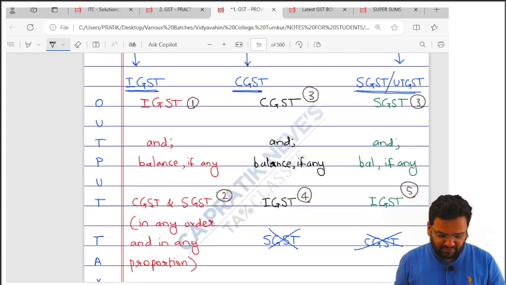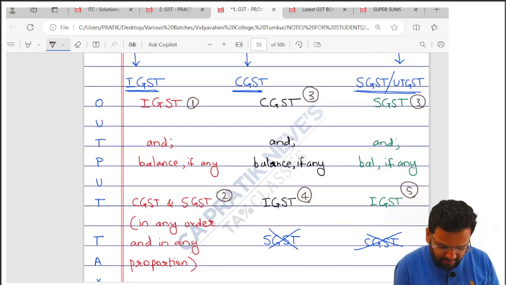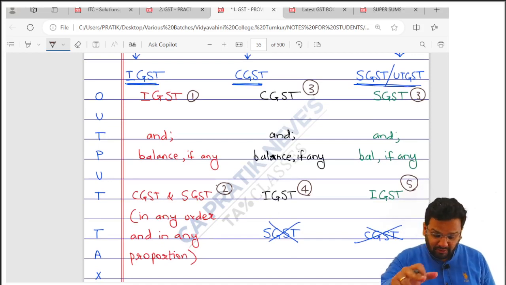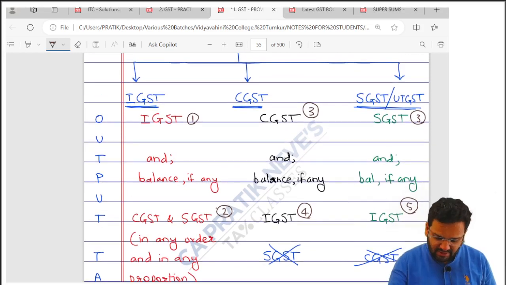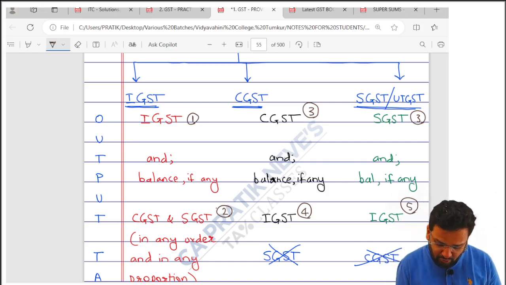Follow these numbers. First, you will use ITC of IGST to pay output tax of IGST. Balance if any to pay CGST, SGST in any order and proportion. Then you will touch ITC of CGST and use it to pay output tax of CGST. Balance if any to pay output tax of IGST.